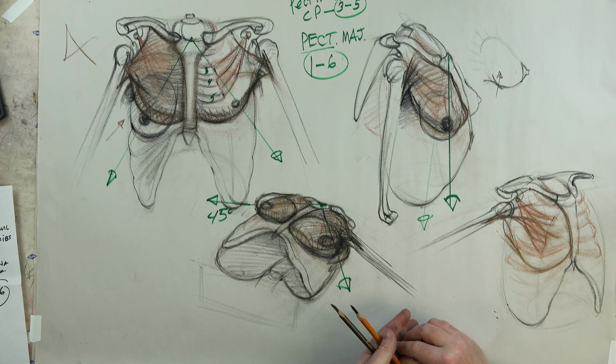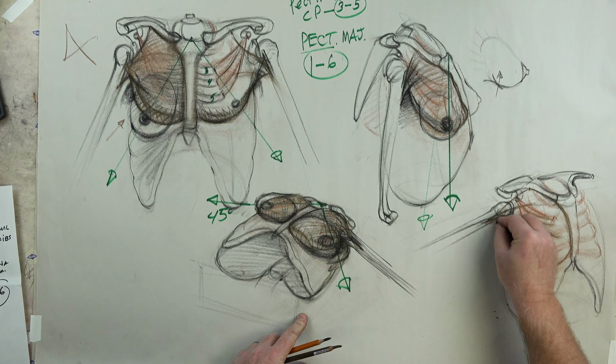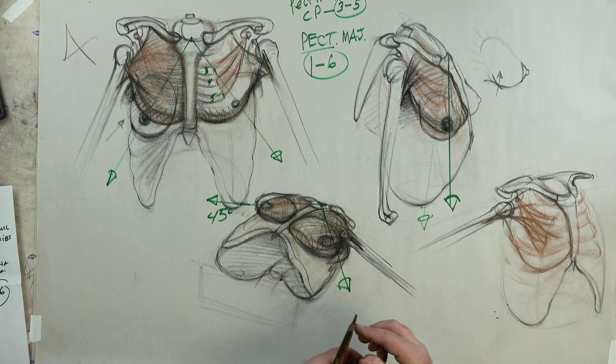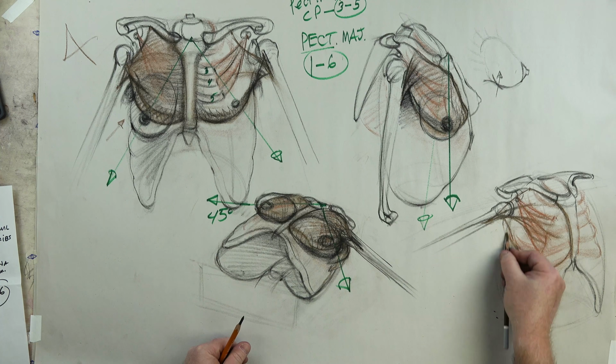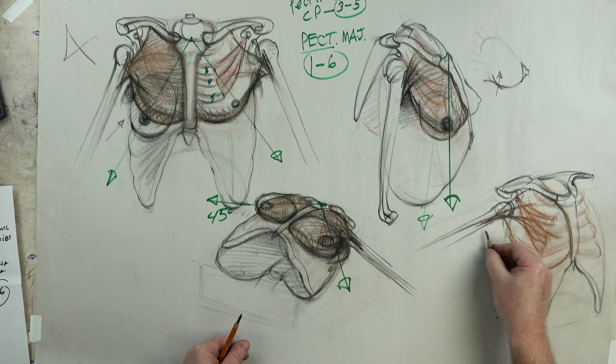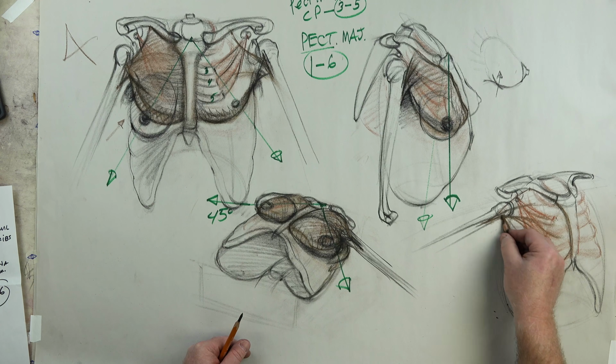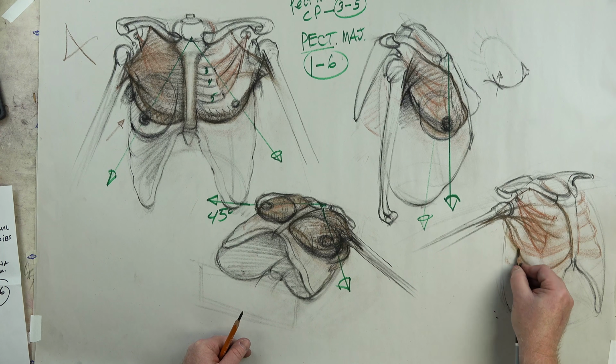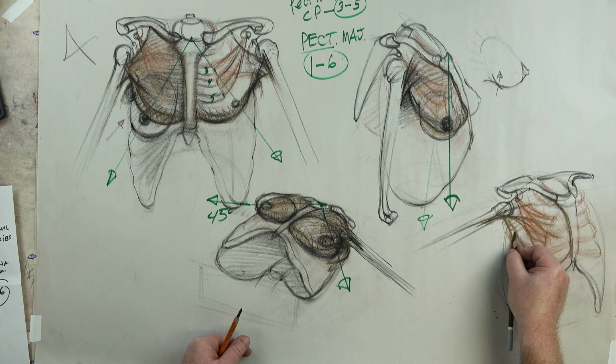Let me erase that out a little bit, right in through here. There we go. Make sure I get that shape the way I want it. Up and through, pushing down and around until you get that feeling of this coming through and attaching, and you get the thickness like that.